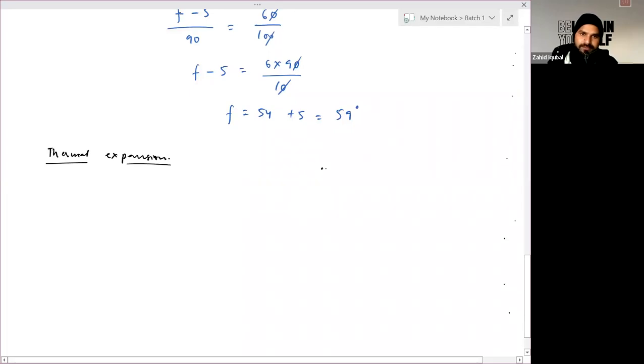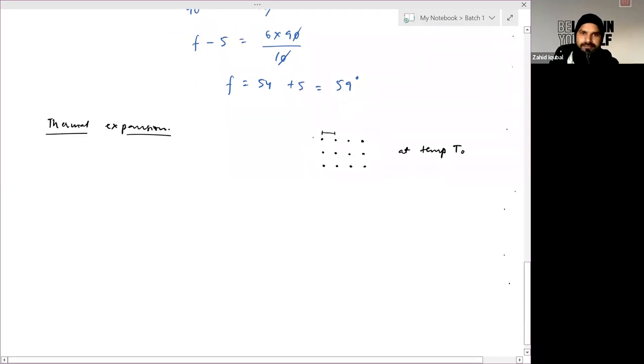Suppose at some initial temperature, separation of particle will be this, at temperature T0. So what will happen to its separation on increasing temperature?